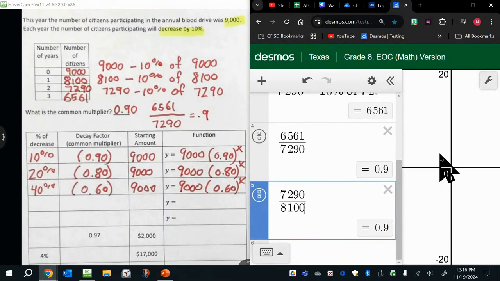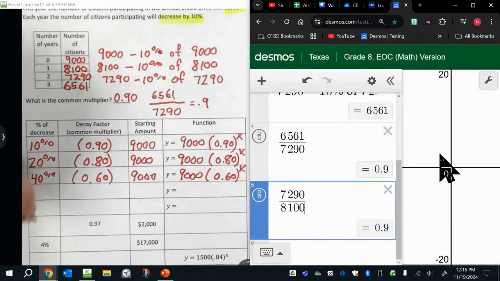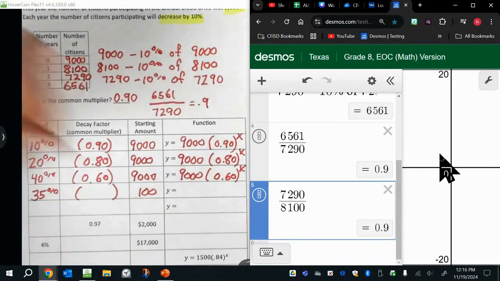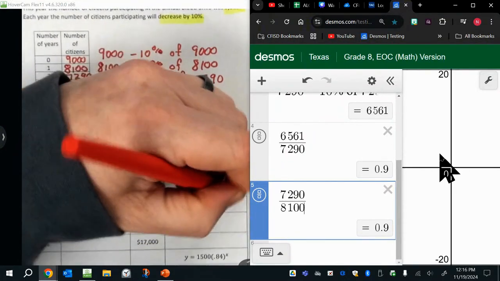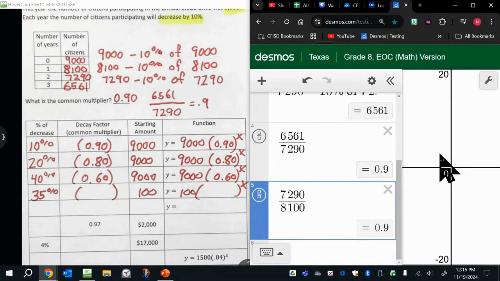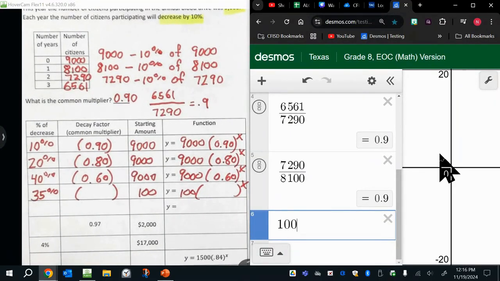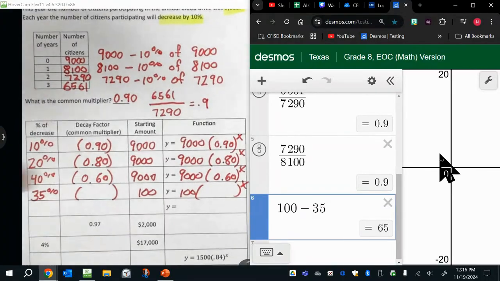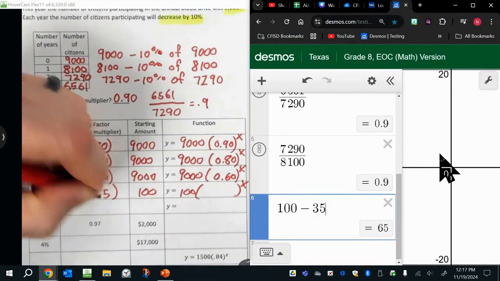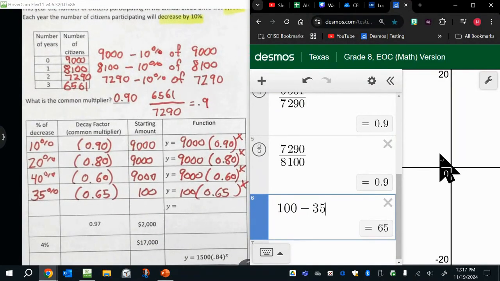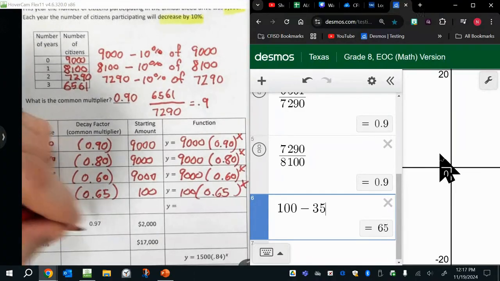All right, let's try some different numbers. Maybe something like 35%. Maybe we'll start at $100. Think of it like 100. If you take 35 away from 100, 100 minus 35, well, that's 65. So this would be 0.65. Oh, this is 0.97.